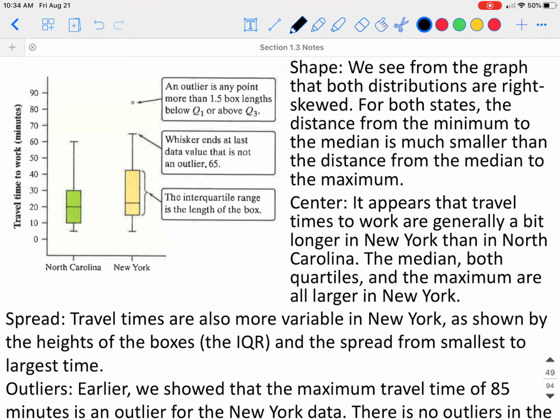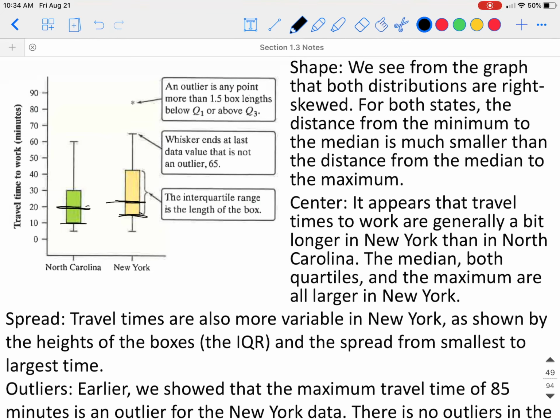When we look at the center, we're using the median as the center mark. We can see that the travel time in general is longer for New Yorkers than North Carolina because the median is higher for New York than in North Carolina.